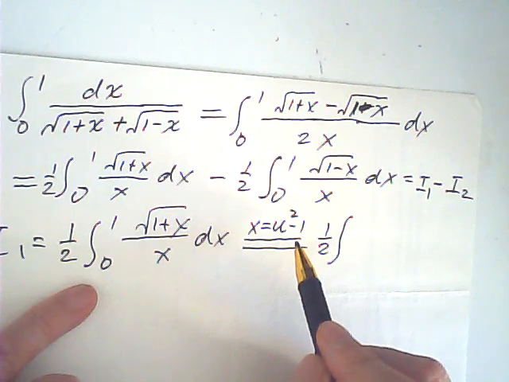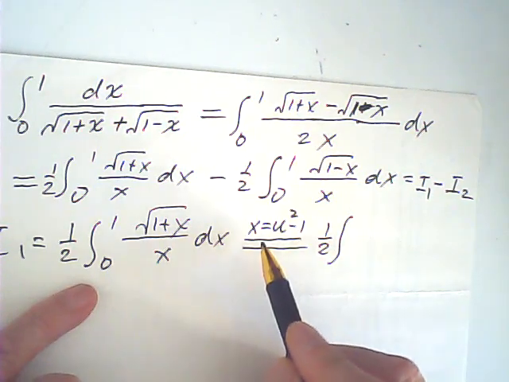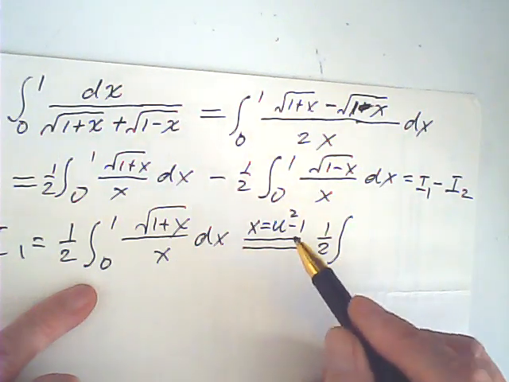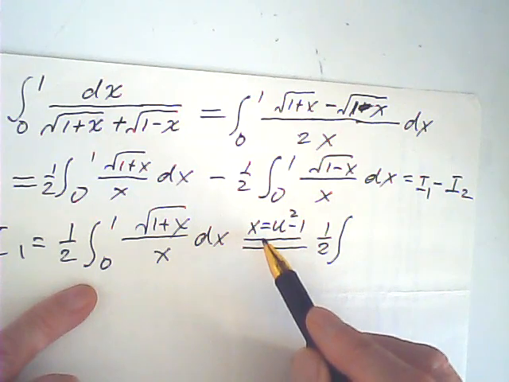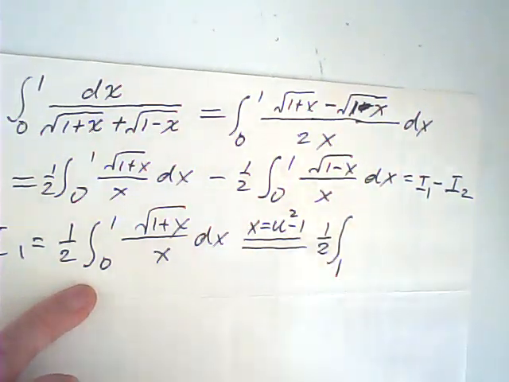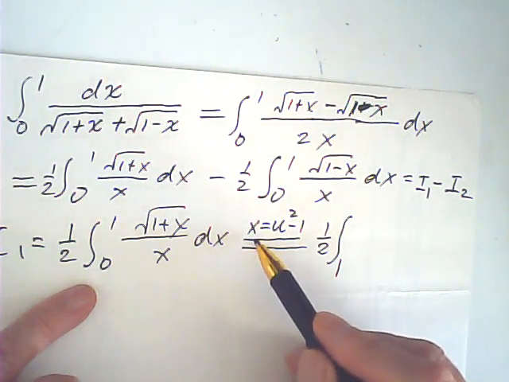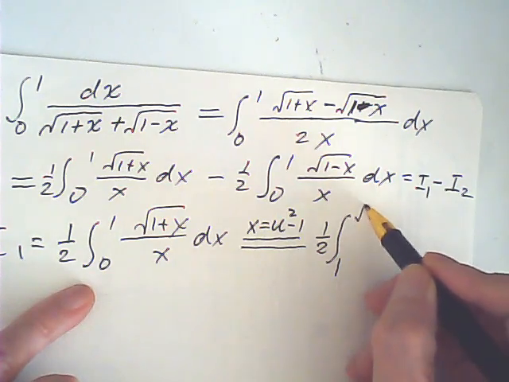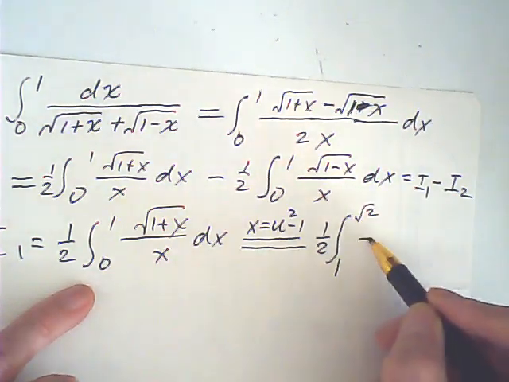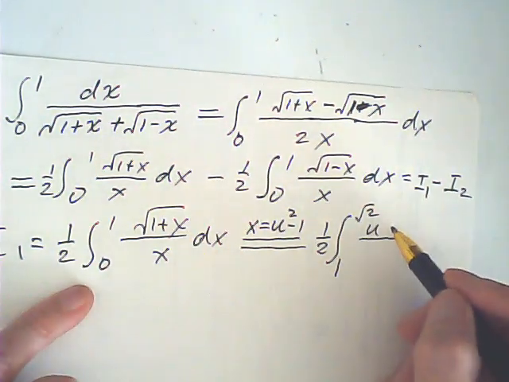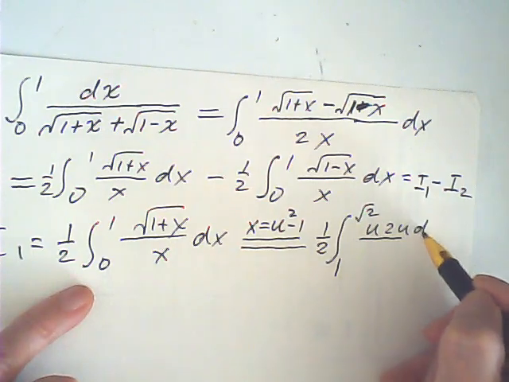When x equals 0, u is 1. When x equals 1, this will be root 2. Okay, this is u. dx will be 2u du.